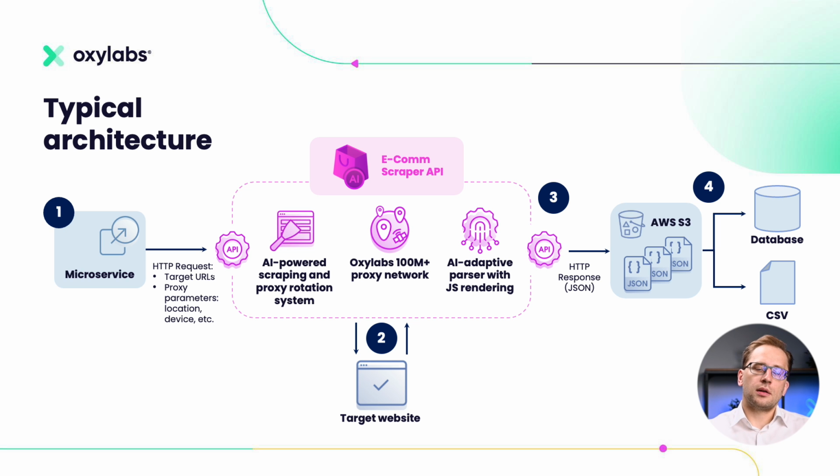And when the request is sent to our REST API, our system starts our AI-powered scraping and proxy rotation system, uses our proxies and targets the website or the URL you want to scrape, collects the information, parses it, and gives it back through the same endpoint, or it can actually be returned to AWS or Google Cloud storage, depending on your choice, because we have out-of-the-box integration with those cloud providers.